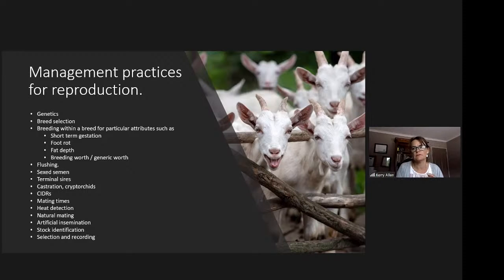Then we can look at other management practices such as castration or cryptorchids, or we can bring animals into heat earlier, such as using CIDRs, looking at artificial insemination, or even just recording and selecting by ear tags.